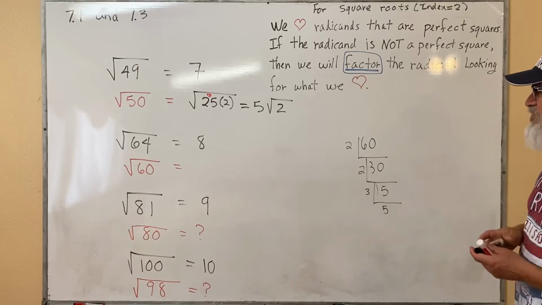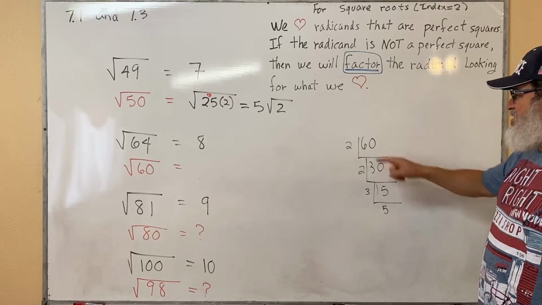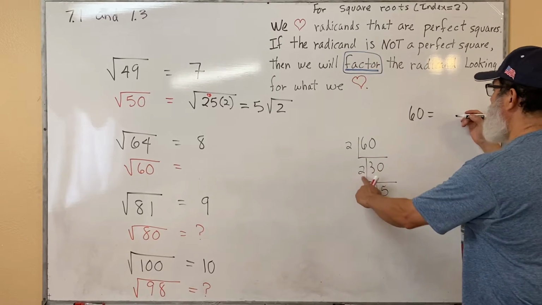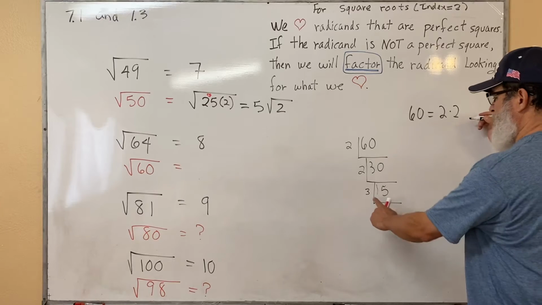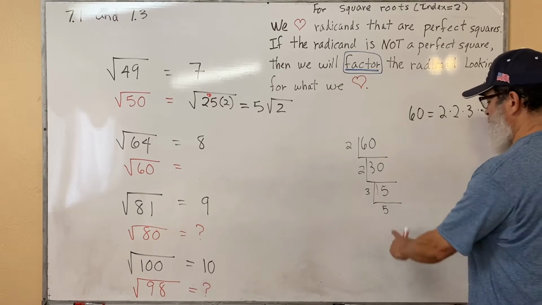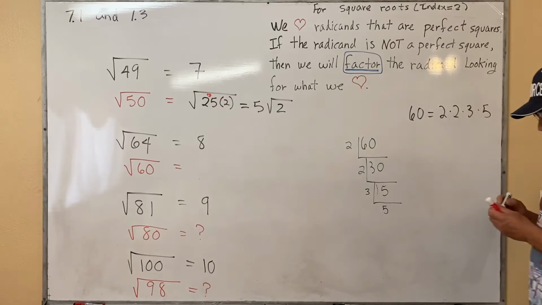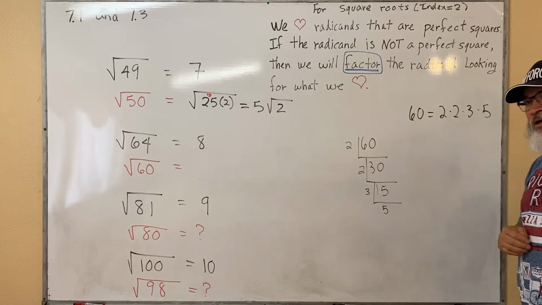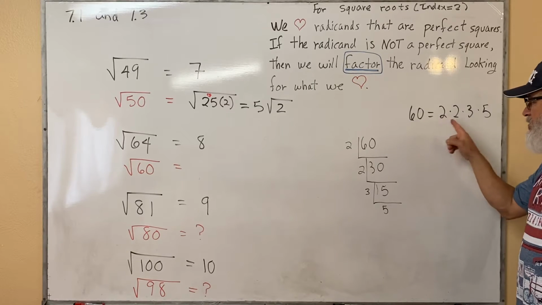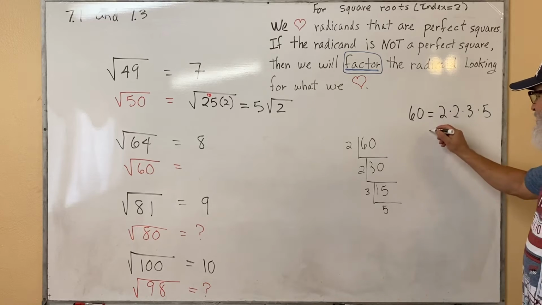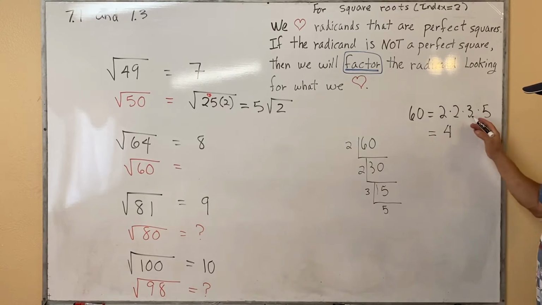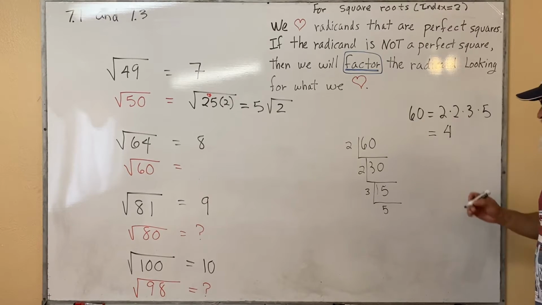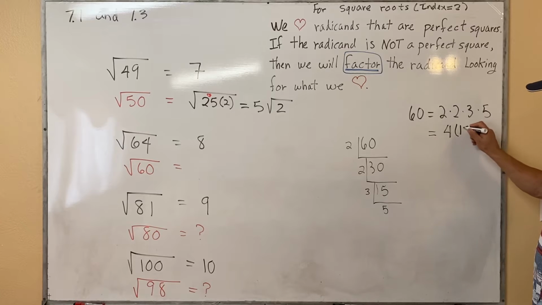So what are the factors of 60? 60 is 2 times 2 times 3 times 5. But you see this pair of 2's? This pair of 2's is going to make a perfect square. What's 2 times 2? 4. This is a 4. You see this 3 times 5? There's nothing you can do about it. It's not your fault. So this one is 15.